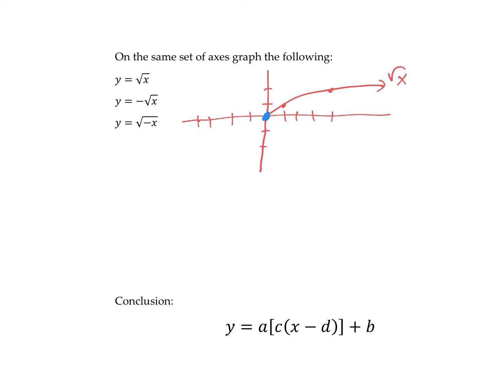Square root of 1 is 1 and then negative. So x is 1, y is negative 1. Square root of 4 is 2, and then it would be a negative applied, so it would be negative 2. So this is negative root x.